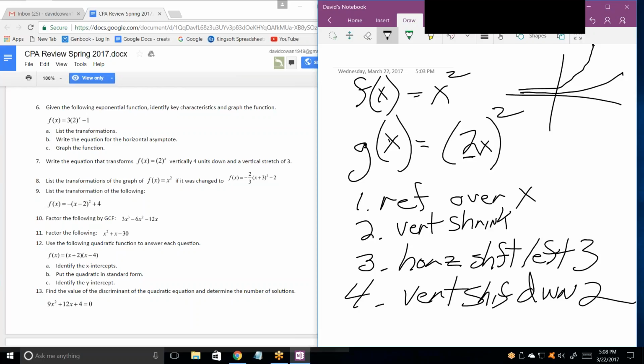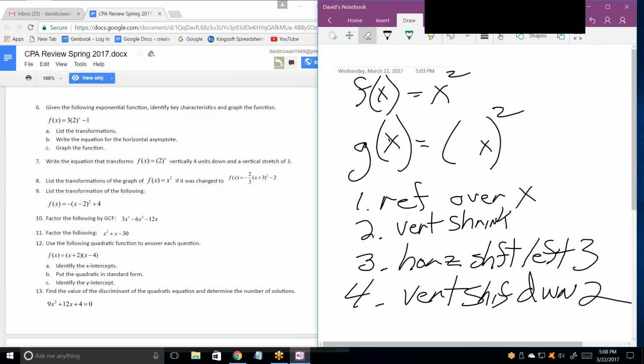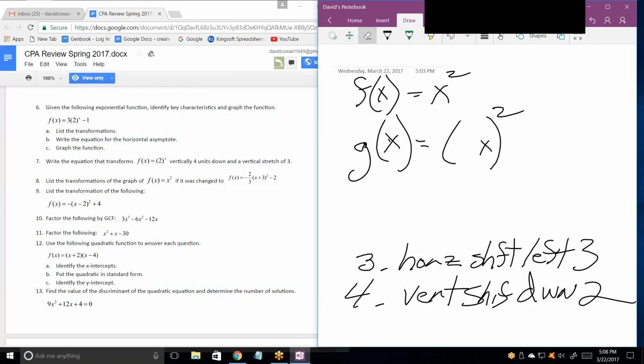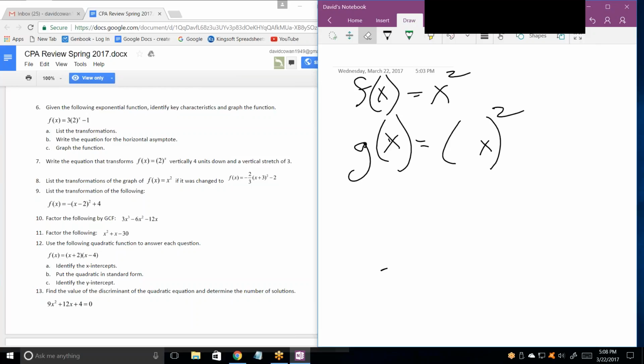So the fact that a number greater than 1 would be a horizontal shrink makes perfect sense. That it would go opposite of what vertical stuff does. All right, let's go on. I think we've talked about all 6 things that you can do to a function.